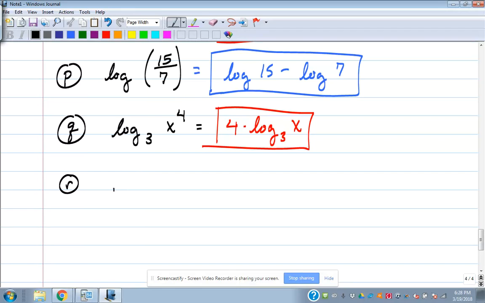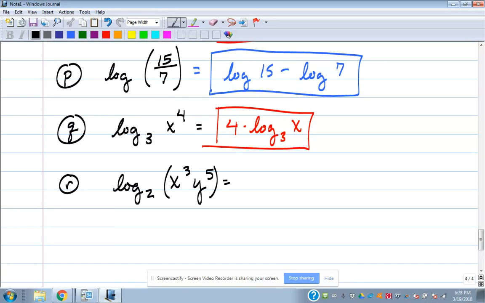So we had log base 2 of x to the third y to the 5th. Two of them in there that we're taking the log of. So we're combining a couple of properties at the same time here. What's going on between the x cubed and the y to the 5th?